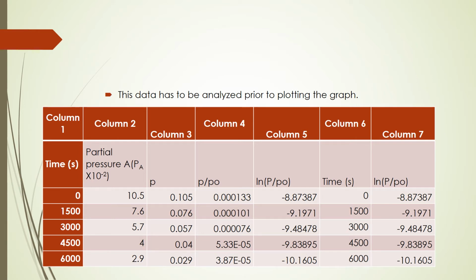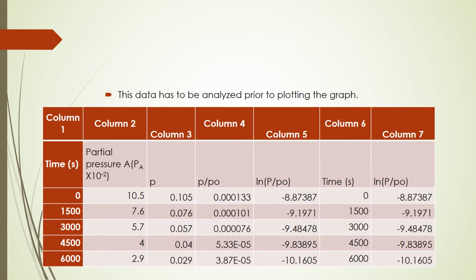All right. For partial pressure, let's look at column 2. We have partial pressure for the first row: 10.5, times 10 minus 2.